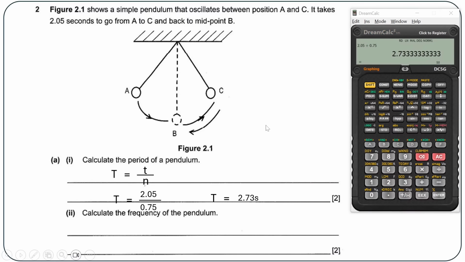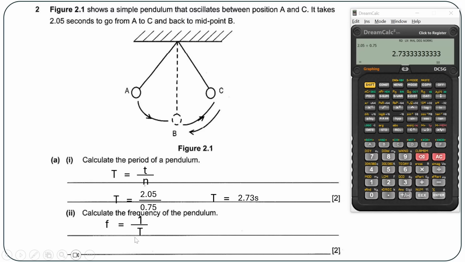All right, let's move to the next question, which says calculate the frequency of the pendulum. Frequency is given by f, which is frequency, is equal to 1 over T, which is period.